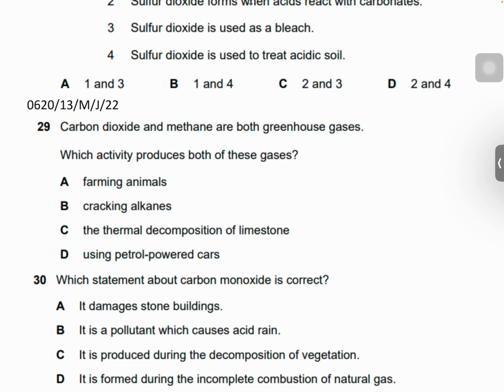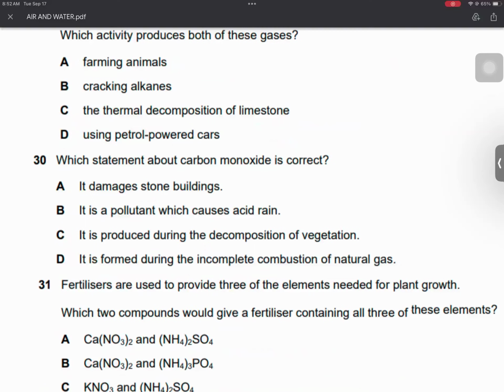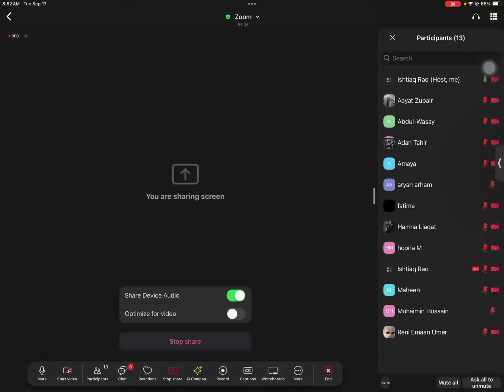Where is methane? And cracking alkanes produces carbon dioxide and water. Where is methane? B and C options are completely incorrect. So A is the correct option, right? So you are supposed to do the past papers.